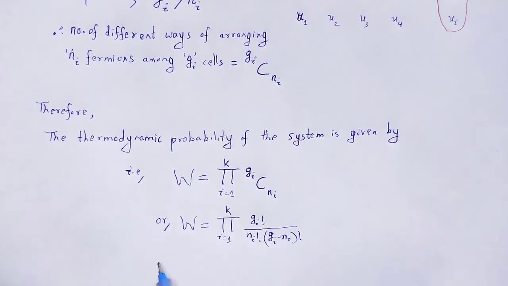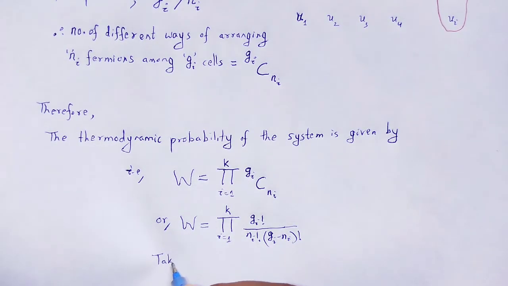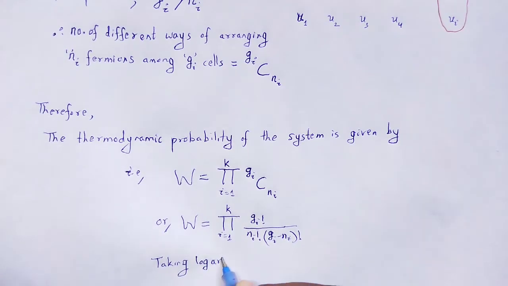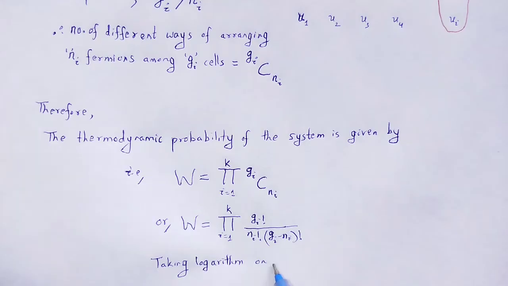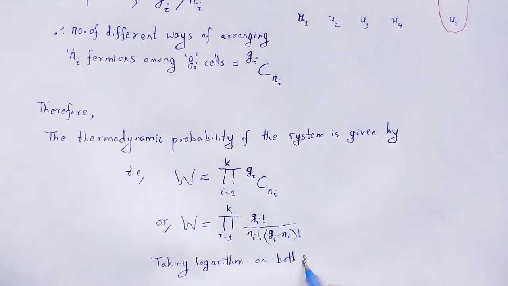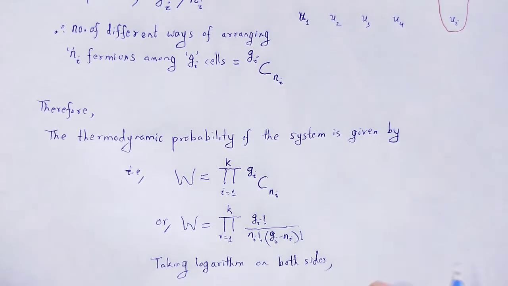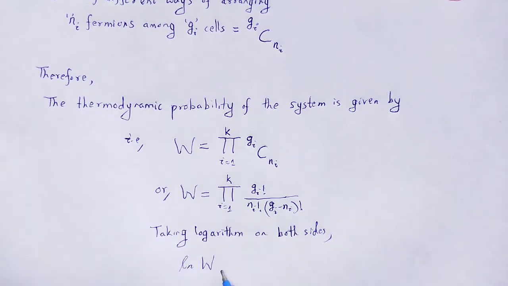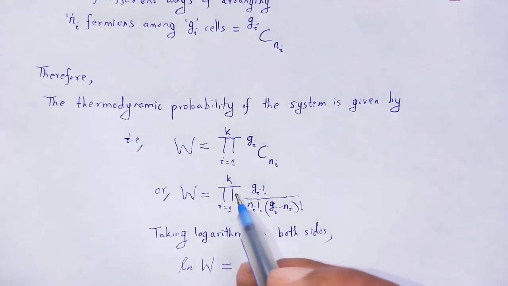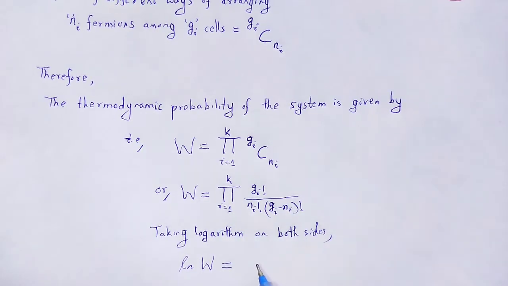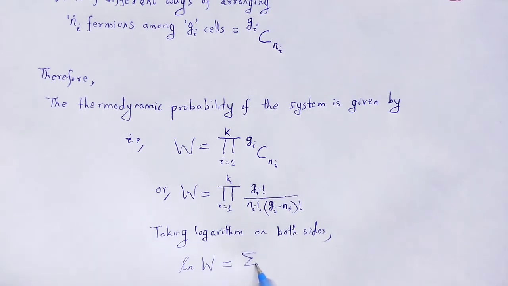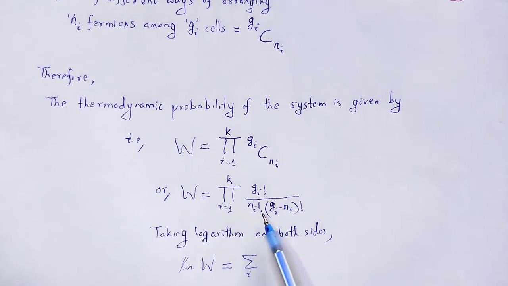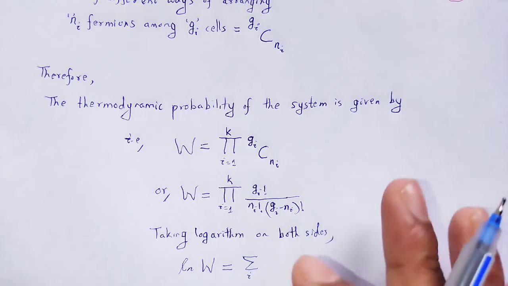Taking logarithm on both sides, ln W is equal to, as the product changes to summation, summation over i of the log of a by b, that is log a minus log b.